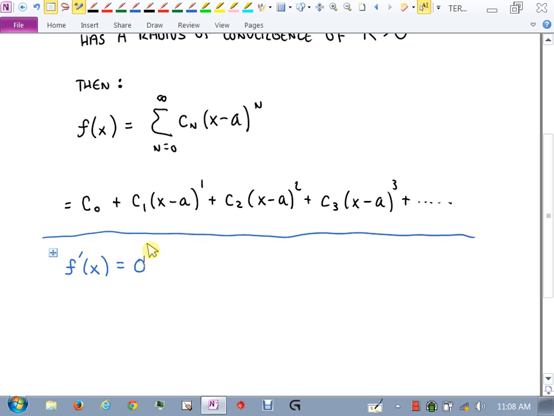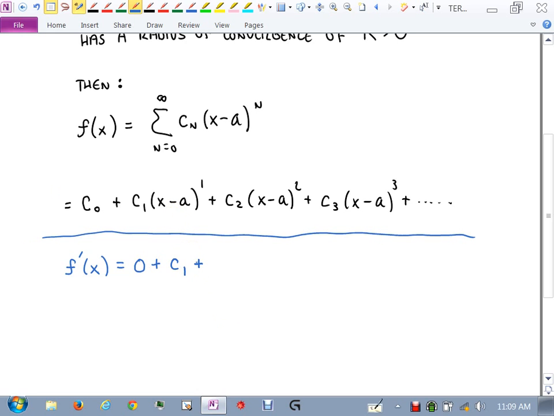What's the derivative of c1 times x minus a to the first power? So c1's a constant, right? I'm differentiating with respect to x. So x is my variable, right? So this derivative right here is just 1. So this is just c1.